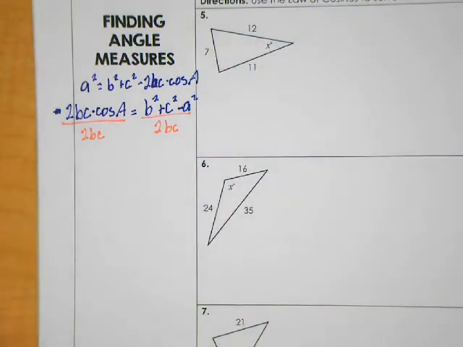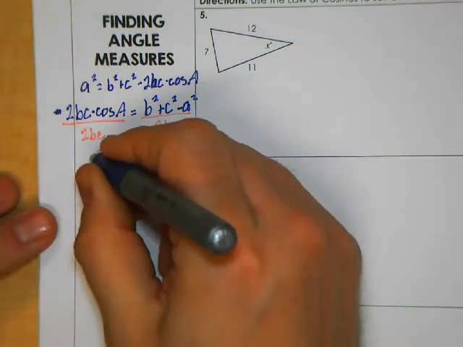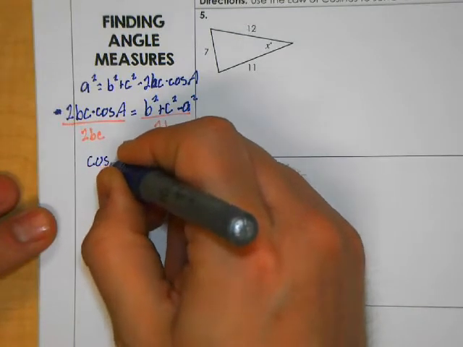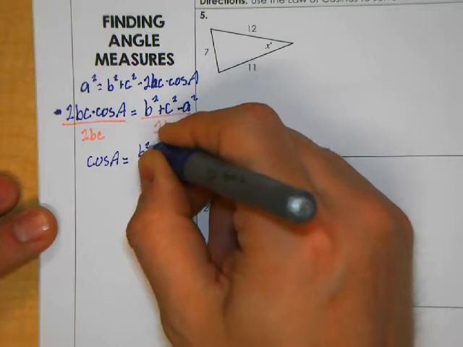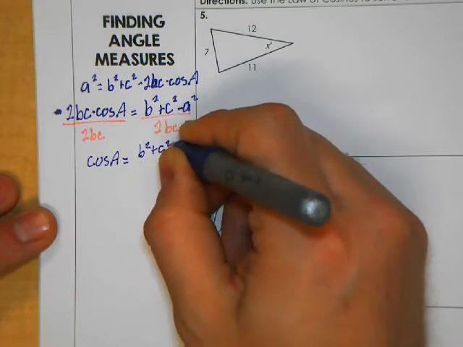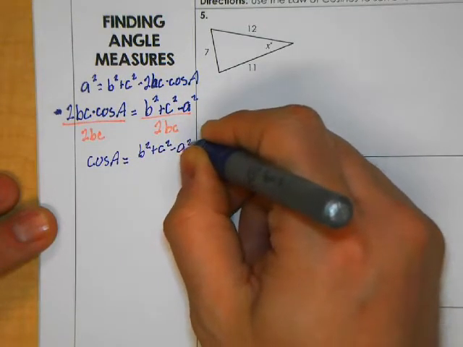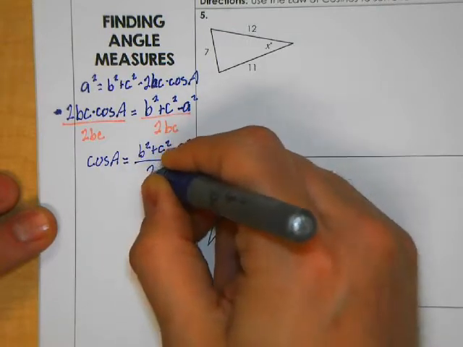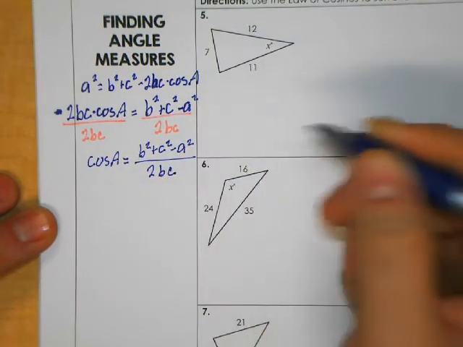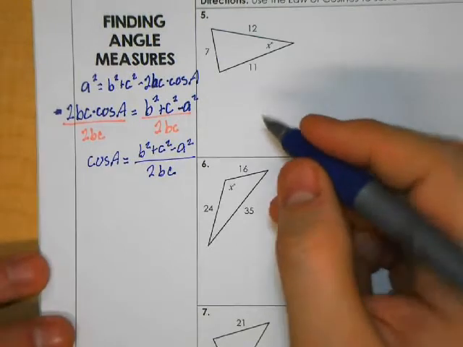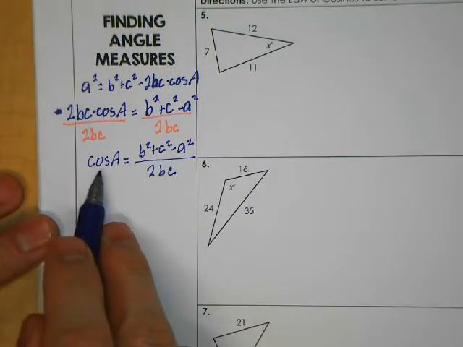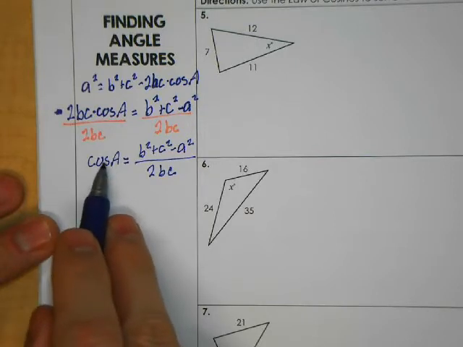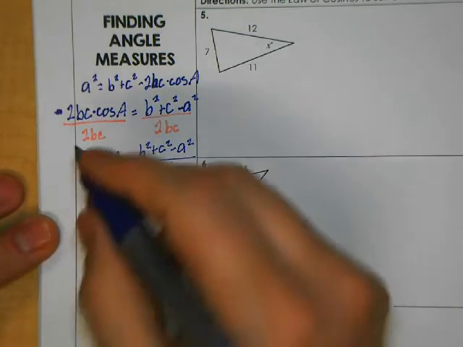and we're going to get the cosine of angle A to be equal to b squared plus c squared minus a squared over the product of 2 times b times c. And at this point, just like what we did with right triangle trigonometry or with the law of sines, if I want to find the measurement of the angle, this is where I do the inverse cosine.